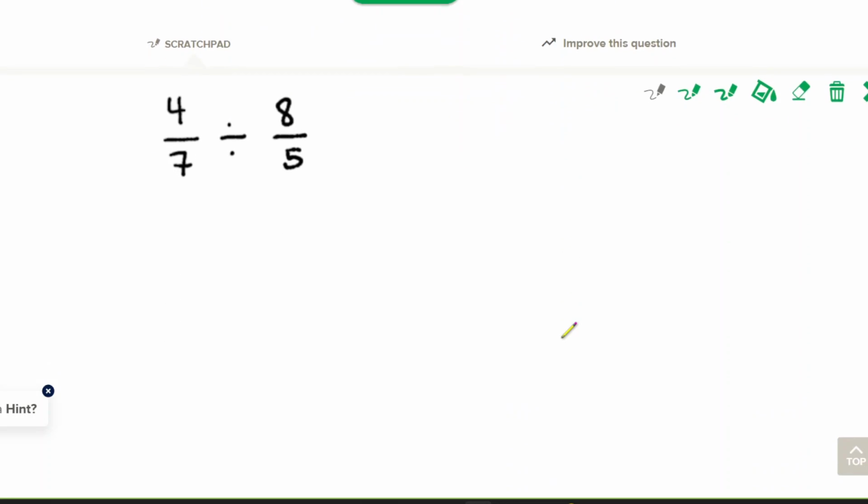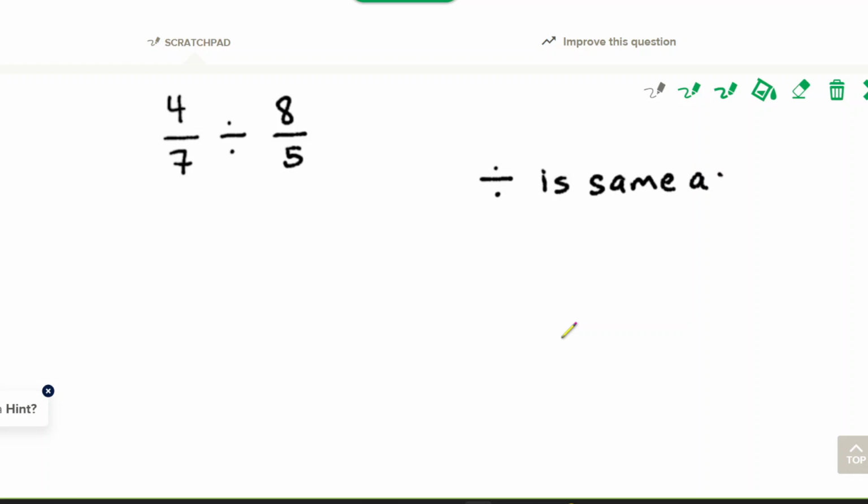As I was saying, every time you see a division symbol, this symbol here, divide, is the same as multiplying by the reciprocal of the fraction after it, the fraction to the right of it. Now the reciprocal means just flip the fraction over. The reciprocal of 8/5, this fraction after the division symbol, would be 5 over 8.